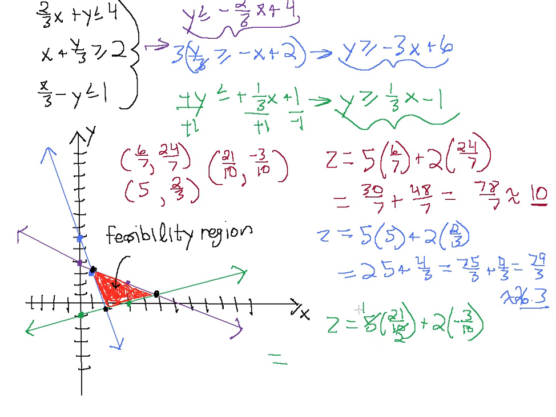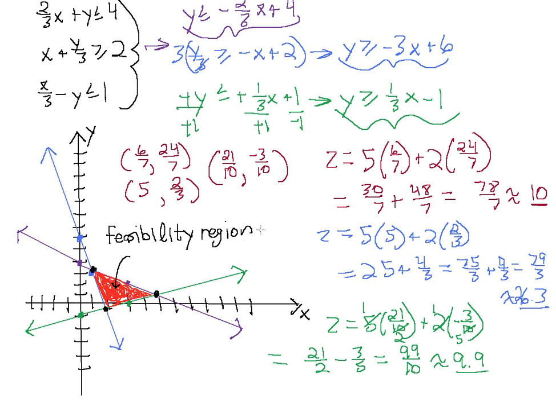Factor a 5 out of the 5 and 10. So we have 21/2 minus, we can factor a 2 out of the 2 and the 10, so we have 3/5. We can cross multiply to get this answer, which will yield 99/10, which is approximately 9.9.